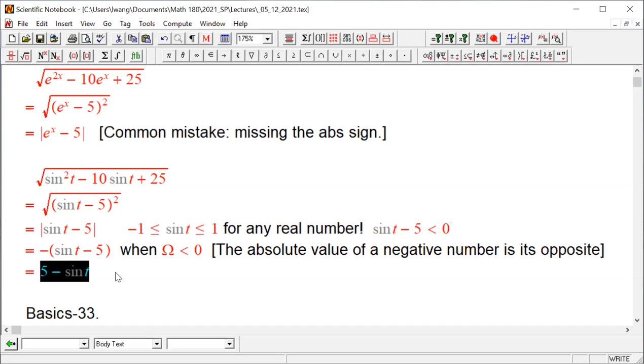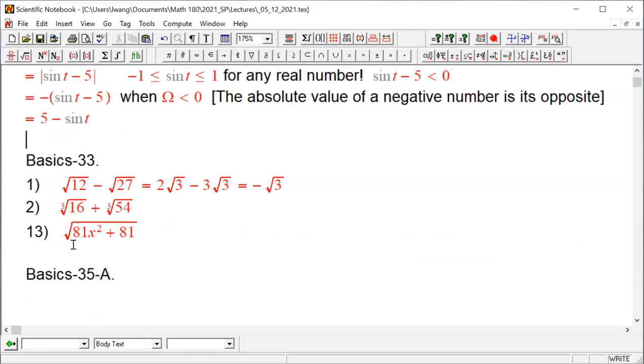After we come back, I'm going to address this question, and then we're going to shift to 35A. So take a break, and please come back at 9:18. I will see you soon.